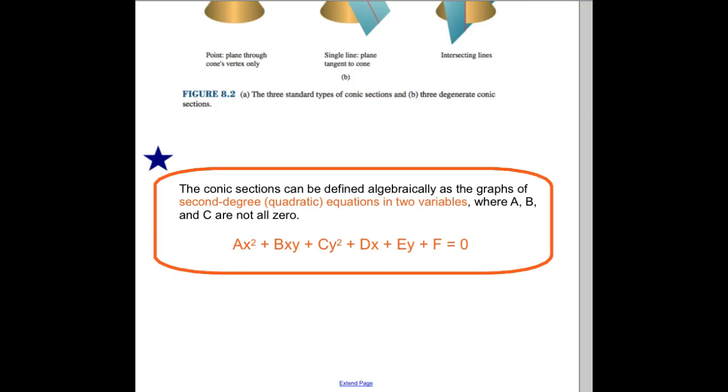Now, not all equations will have all of those pieces, but as long as a, b, and c are not all 0, you're going to get a conic section. Okay? And to convert from this format into one of ours that we can recognize what shape it is, we would have to complete the square. Okay? We won't get to that today.